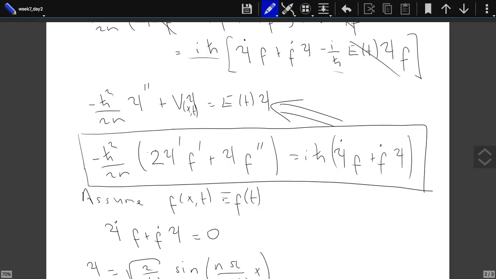So what would you like to try? Is this equation correct, by the way? So let's see.